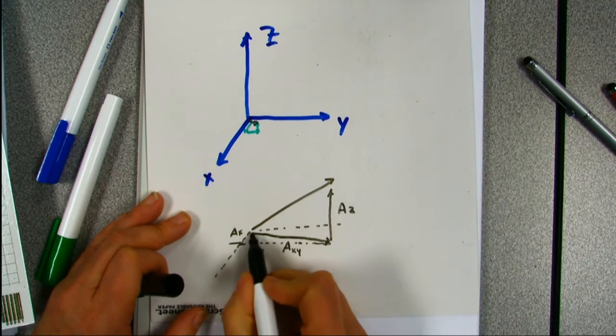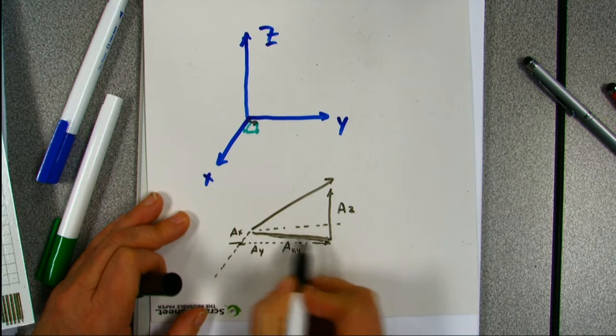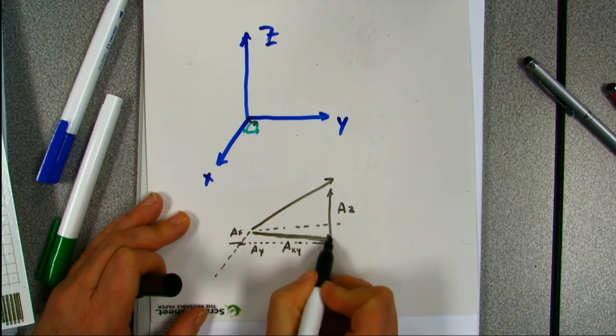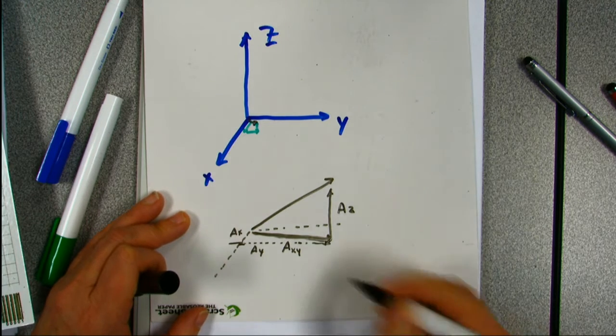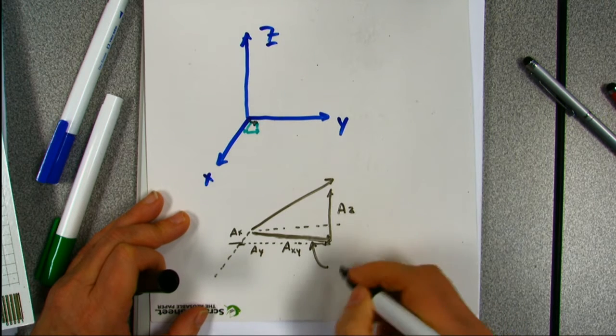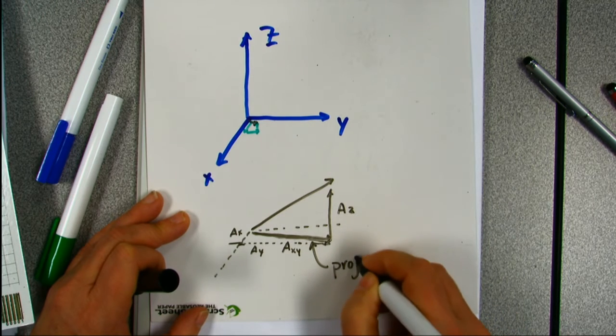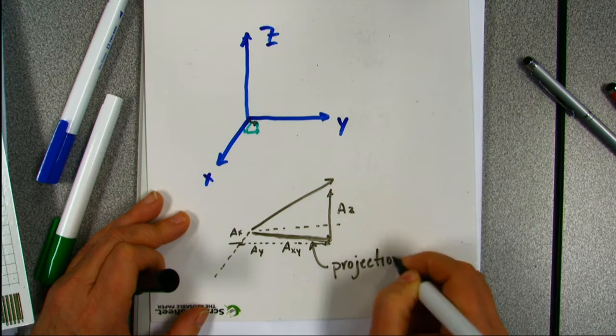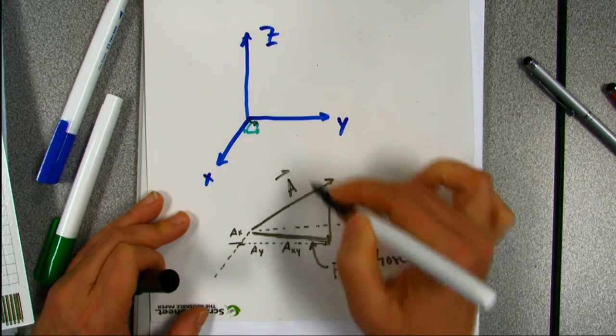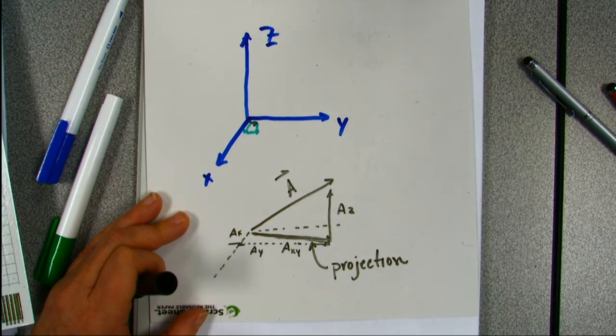So if we remember it from good old somewhere in math class along the way, right? This vector here is the projection of our vector A in the XY plane, right? Everybody kind of remember that along the way?